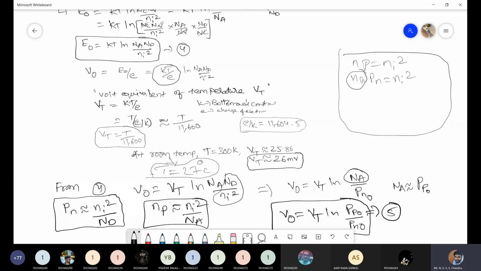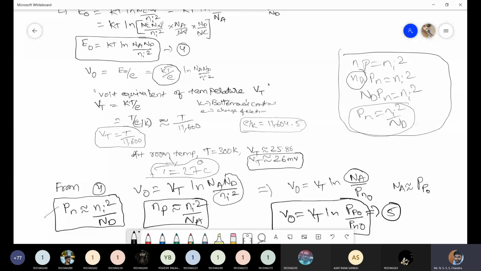You know that the number of electrons is almost equal to the donor concentration. So Nd into pn is equal to ni square, and I write pn nearly equal to ni square by Nd. This expression I have used here. Similarly, if I rewrite for p-type material, I get np is equal to ni square by Na.